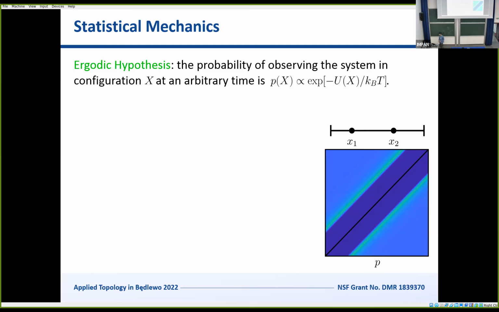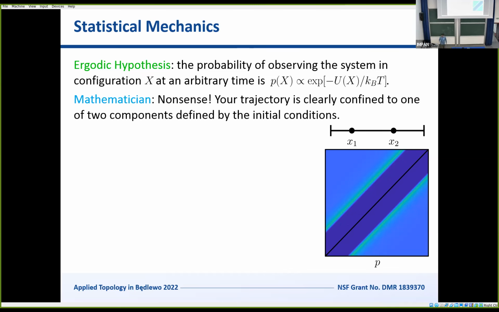Right. So the ergodic hypothesis says, among other things, not only is the particle distributed according to this probability measure, but also that the system will explore the whole configuration space. Because you notice that I have non-zero probability down here also. Okay. So then you tell me, well, that doesn't make any sense.